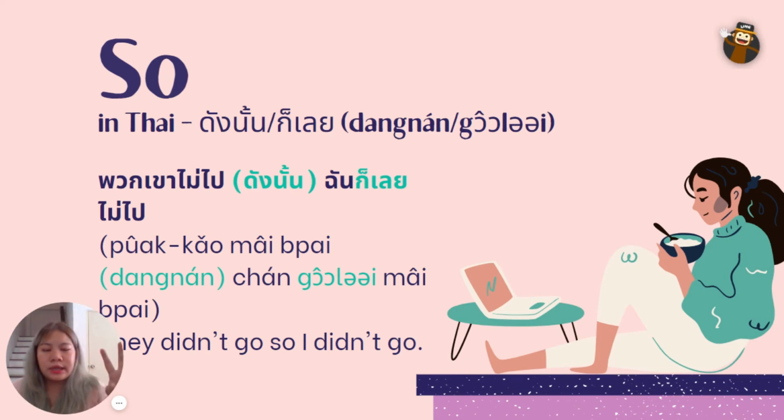This will be used in two different ways. It will be put in different places in the sentence. I will start with the word ดังนั้น. For example, พวกเขาไม่ไปดังนั้นฉันเลยไม่ไป.